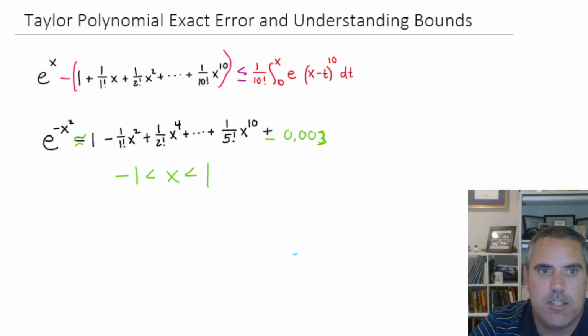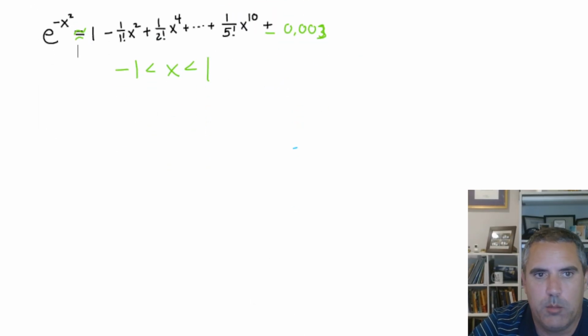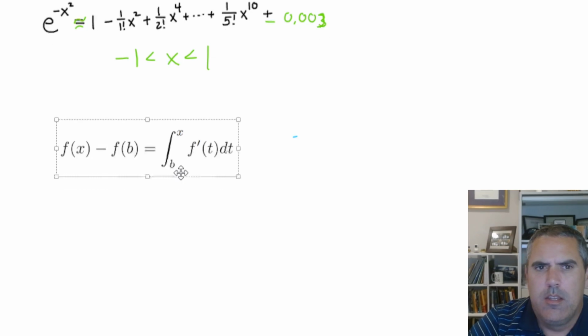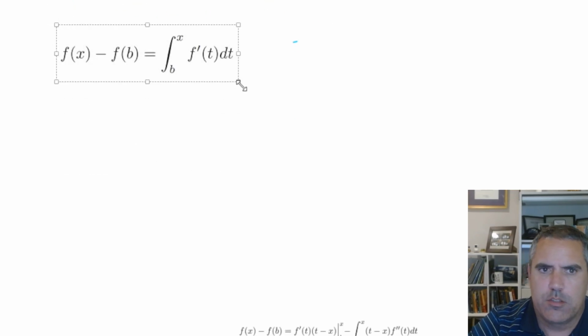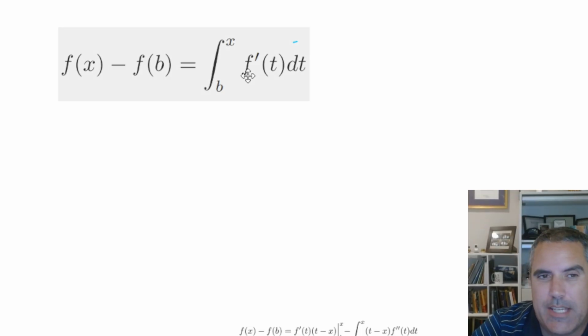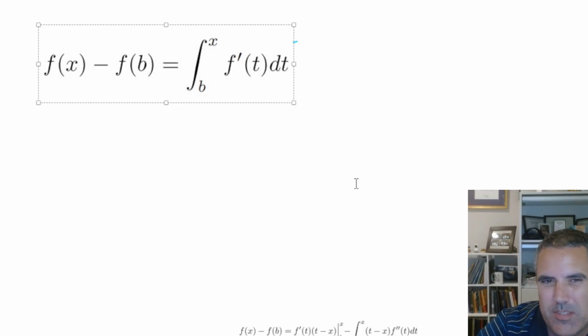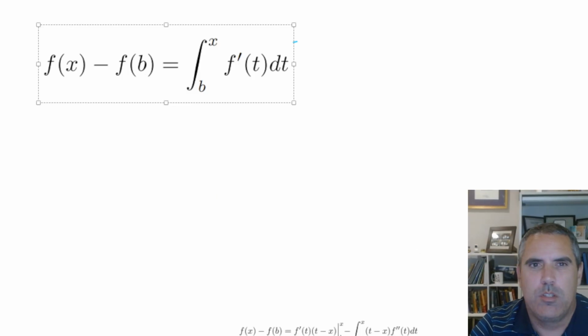Okay, so let's finish this with a little bit of where that comes from. And I don't think I have a complete answer for the student that's asking me this, but it comes from here. This is the fundamental theorem of calculus that says if you want to do an antiderivative, you integrate and you evaluate at the endpoints. We do something clever.